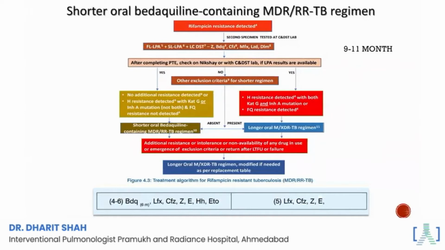After completion of 4 to 6 months, we shift the patient to a continuation phase with levofloxacin, clofazimine, pyrazinamide, and ethambutol. So we have to get the sensitivity report of each and every drug to start the shorter oral bedaquiline regimen.